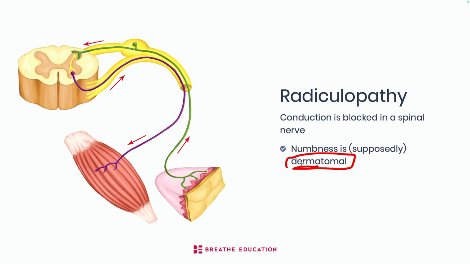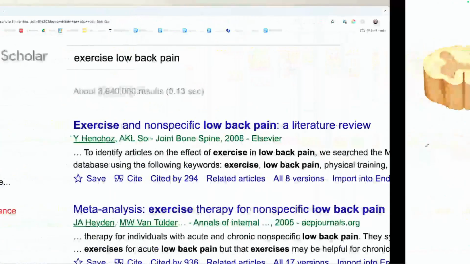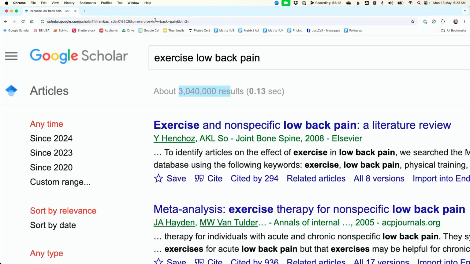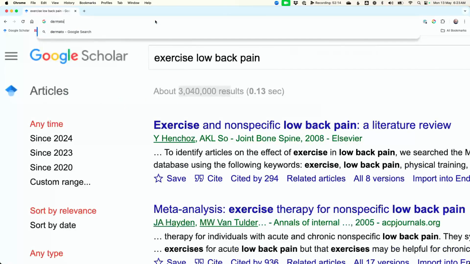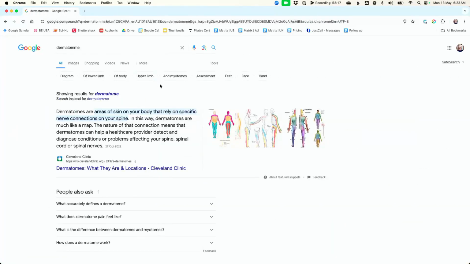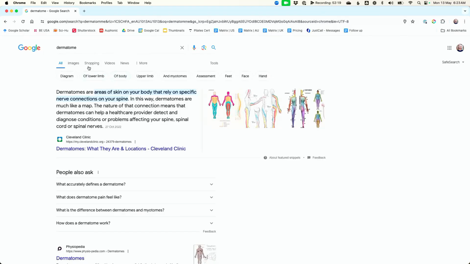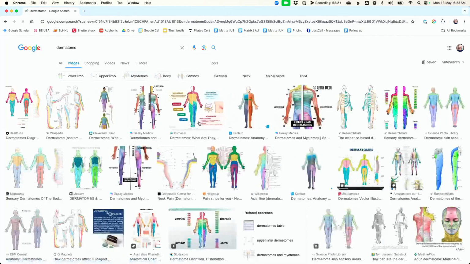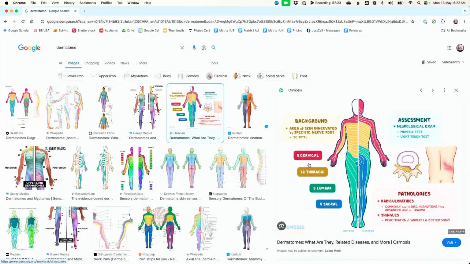And then we've got these whole maps of dermatomes, which you may or may not have seen. So if we actually just go and look at dermatome here on Google, you'll see it's just these kind of maps of, okay, here is where this L3 goes to the knee here and L4 to the floor and blah, blah, blah. These little mnemonics that I learned in school to remember where they go.